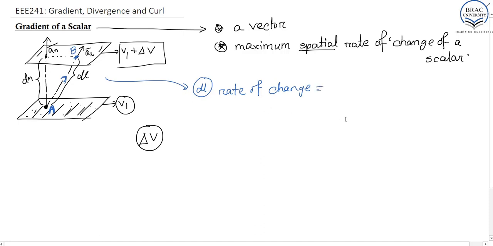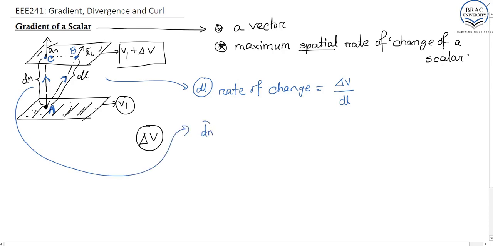So the rate of change along the AB direction will be del V divided by dl, all right? Now let's say you move along the AC direction to get to the same potential surface of V1 plus del V. In this case, you move a distance equal to dn.